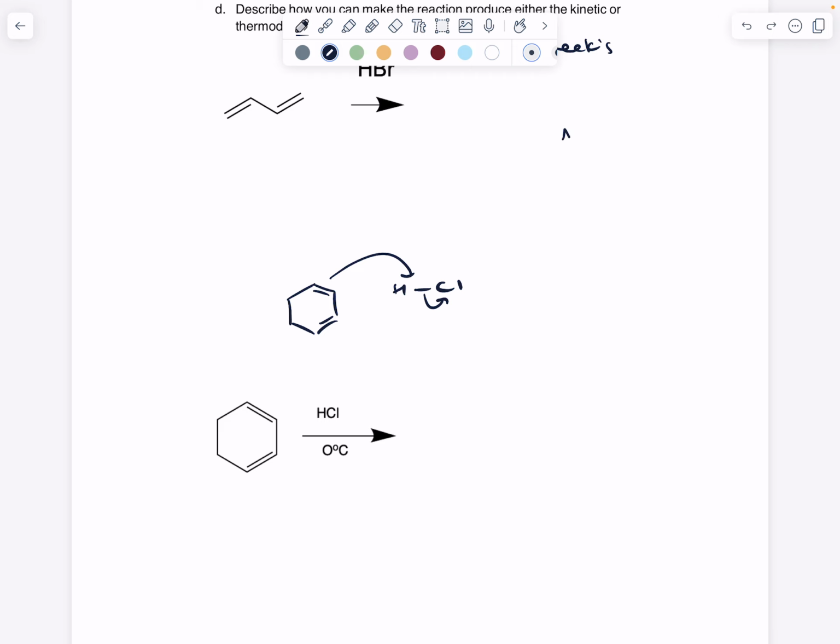So if you think about all the reactions that you learned from OChem 1, you learned about acid-base reactions, and you learned about addition to alkenes, and you learned about radical reactions, and SN1, SN2, E1, E2.